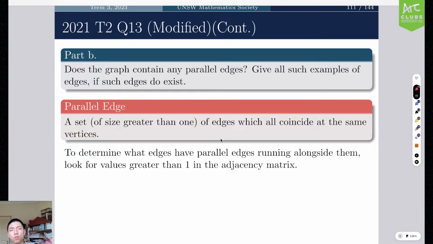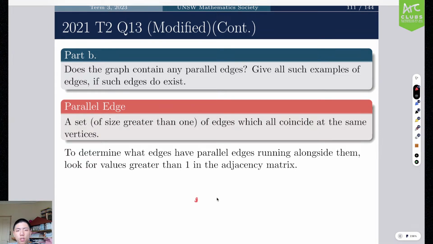Because if it's only equal to 1, then you only have one edge that connects the 2. But if the value in that particular element is larger than 1, it means there are multiple ways of going from B to C or whatever directly, so that makes them parallel edges.